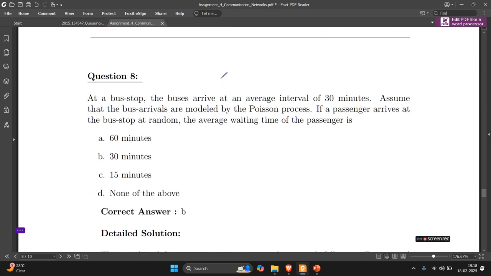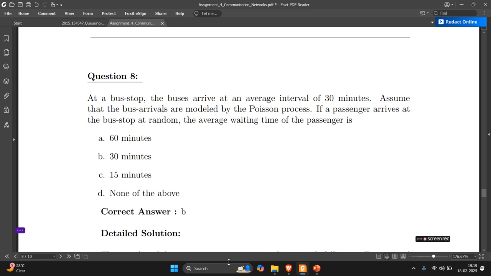Now question 8. At a bus stop, the buses arrive at an average interval of 30 minutes. Assume that the bus arrivals are modeled by a Poisson process. If a passenger arrives at random, the waiting time for the passenger is?